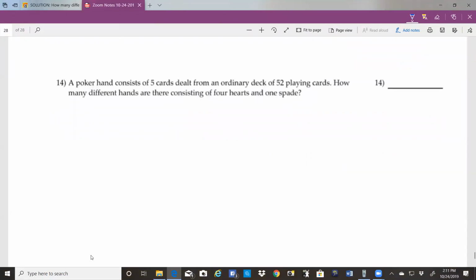A poker hand consists of 5 cards dealt from an ordinary deck of 52 playing cards. How many different hands are there consisting of 4 hearts and 1 spade? Well, there are 13 hearts in a deck.